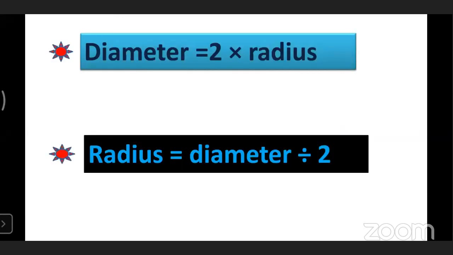Now just see the formula to find the diameter and radius. Diameter is equal to 2 multiplied by radius. If the radius is given, then we can find the diameter with the help of this formula. And if we have to find the radius, then it is diameter divided by 2.